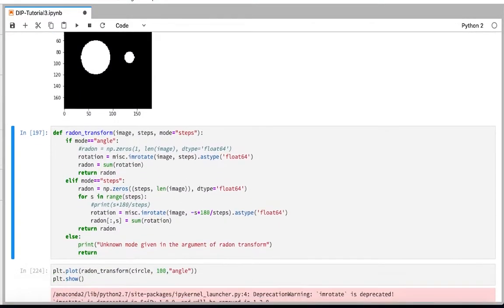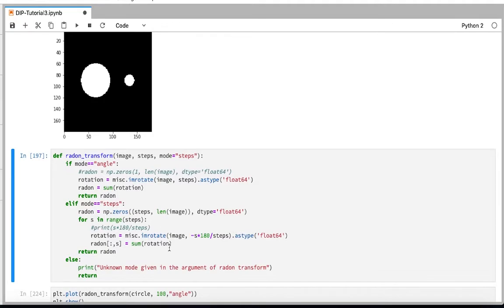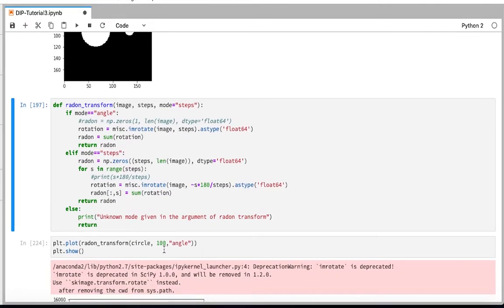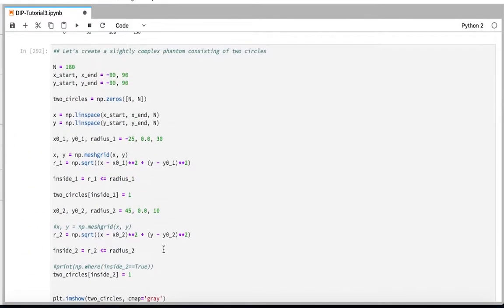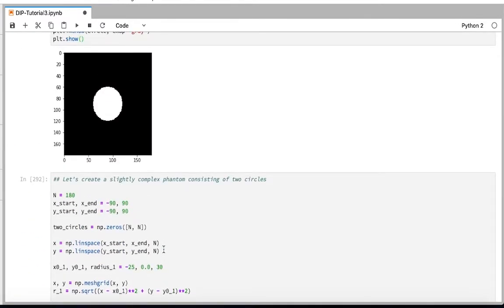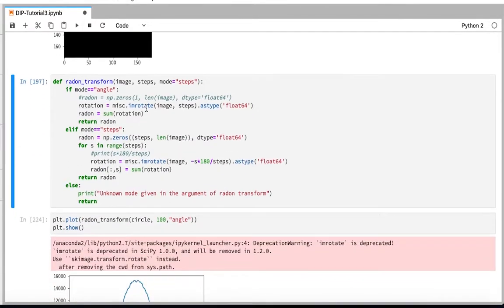Our Radon transform is defined like this. Let's say you want to take a projection of this circle from a particular angle.